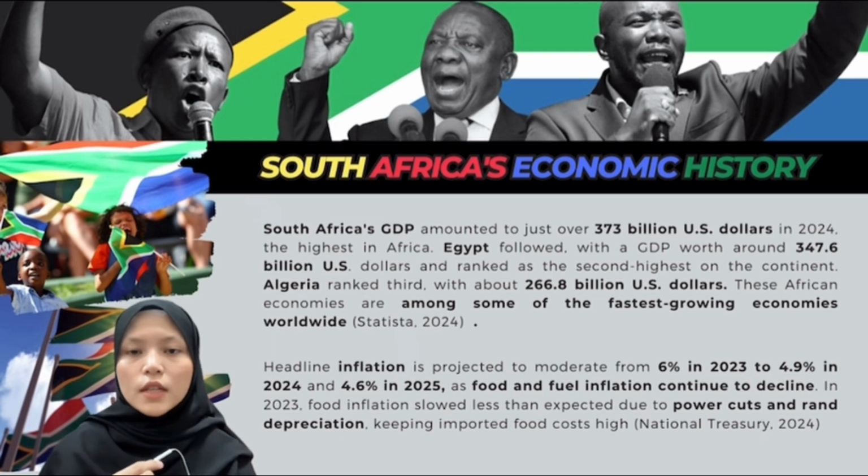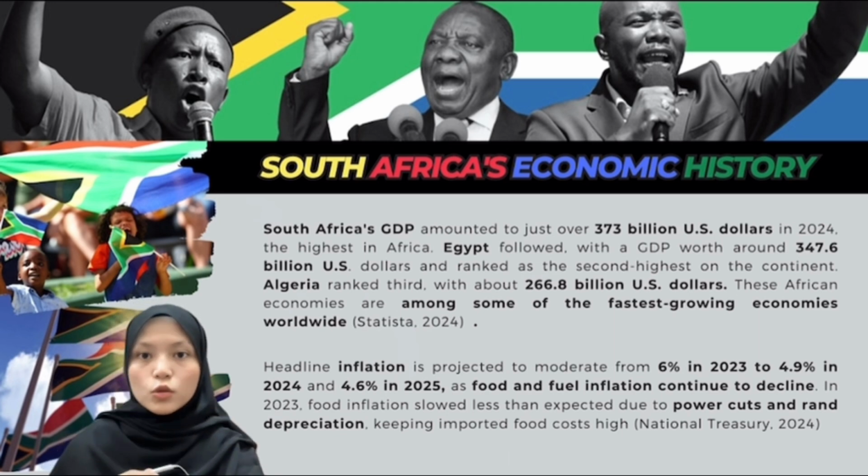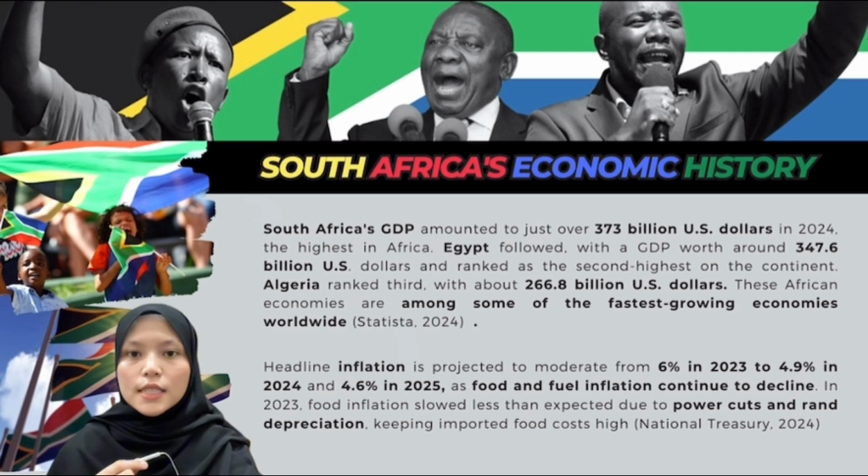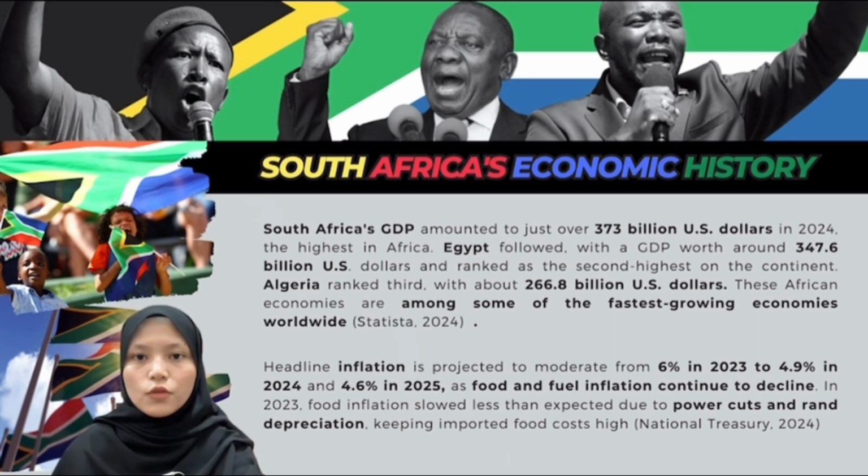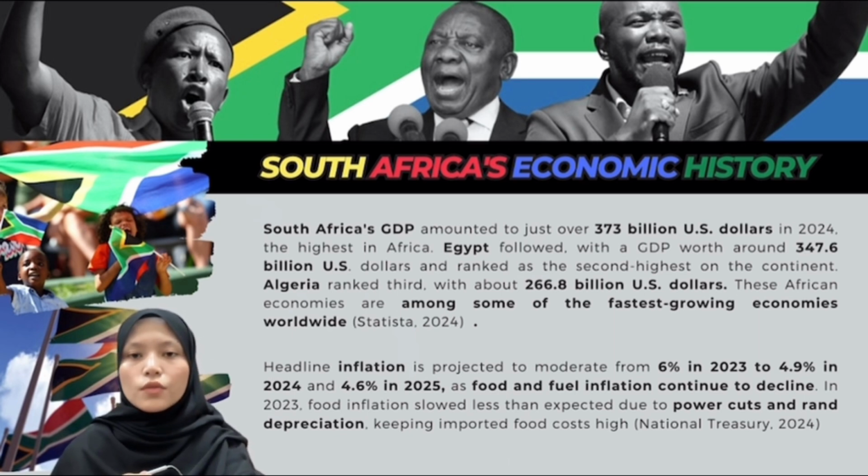For South Africa's economic history, I would like to highlight the economic performance of some of Africa's leading economies. In 2024, South Africa's GDP reached over 373 billion US dollars, making it the largest economy on the continent. Egypt followed closely with a GDP of around 347.6 billion US dollars, securing the second spot.